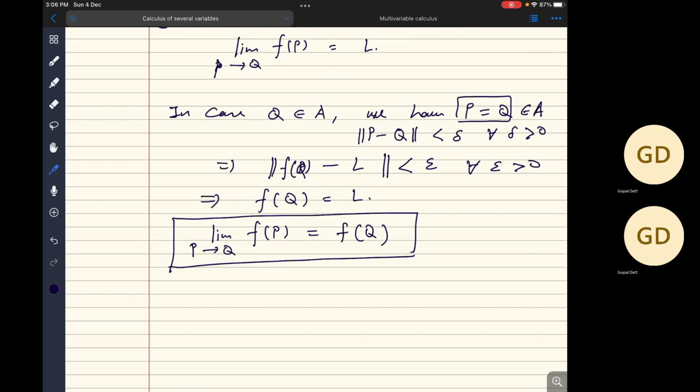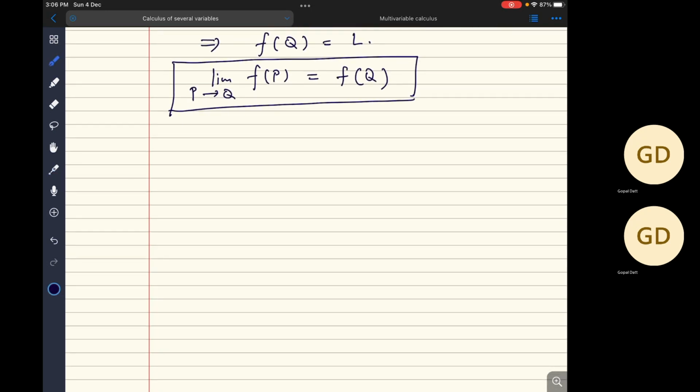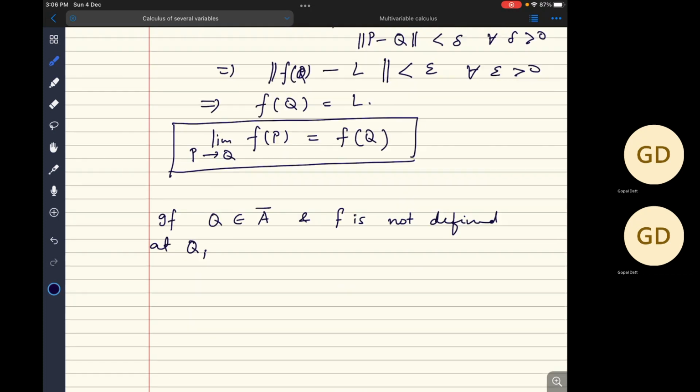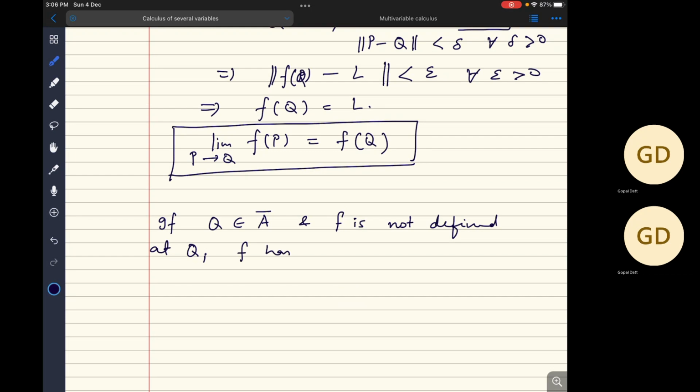What happens if F is not defined at the point Q? If Q is coming from A bar and F is not defined at the point Q, this means Q is not a part of A. And suppose F has a limit L for P tending to Q. So in this case, what can we do?